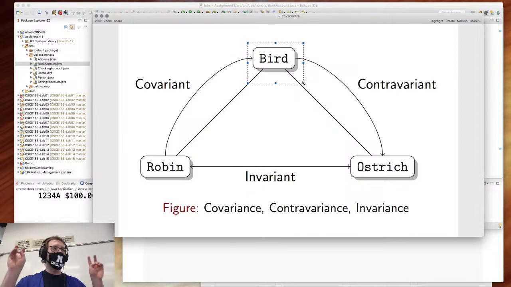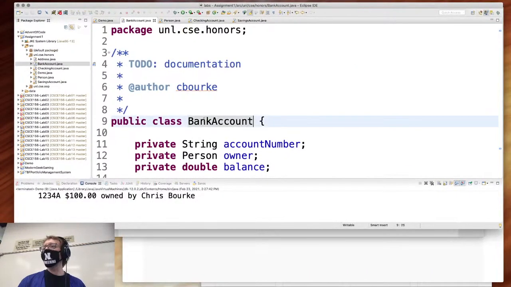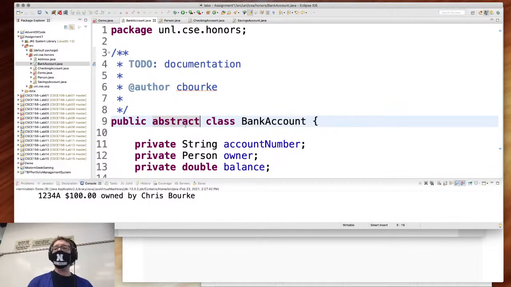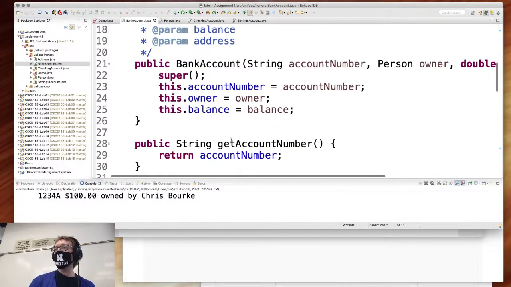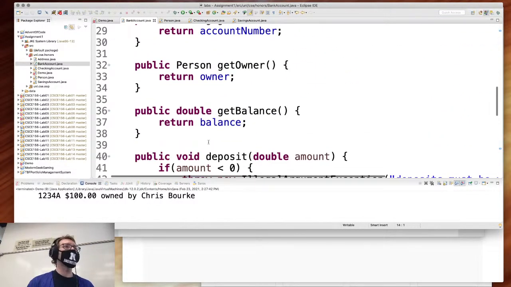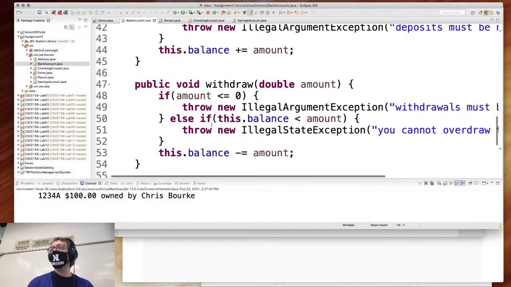You could describe a bird, but you would be describing an abstract idea of a bird. You can describe a bank account, but you'd be describing an abstract idea of a bank account. So if you're going to talk about abstract things, you can talk about abstract classes. An abstract class is a class that can have concrete state and some concrete methods, like the getters, the deposit, the withdrawal.